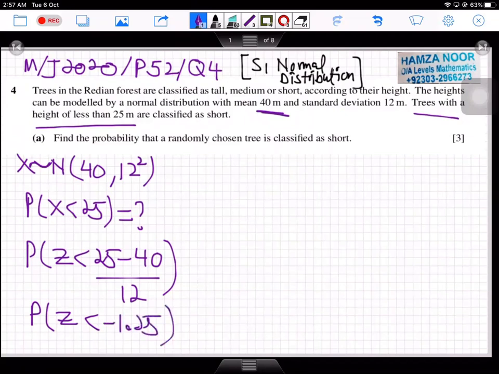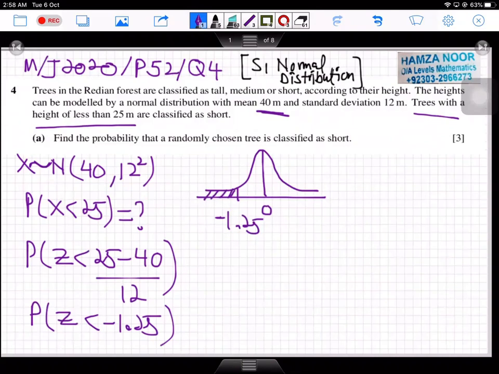The next thing is you need to make a sketch. Always recommended, always helpful to make a sketch. Since you know that the Z value is -1.25, you want to find the probability of Z less than minus 1.25.